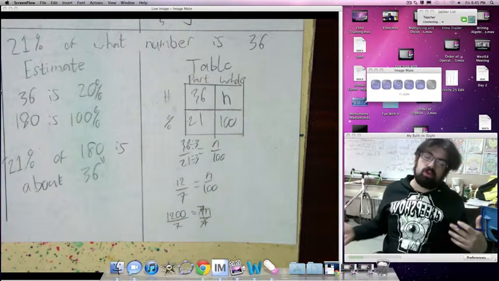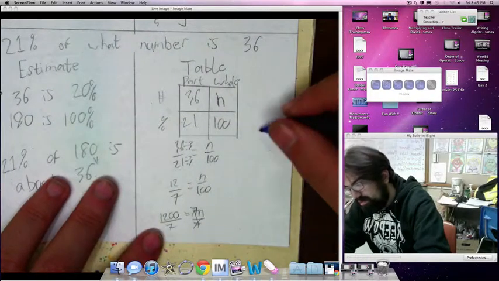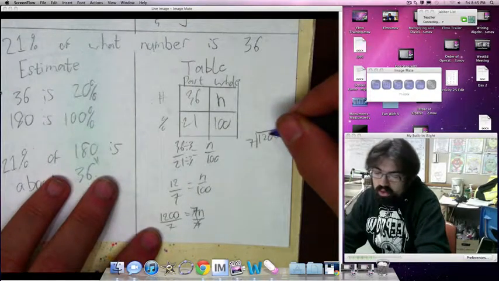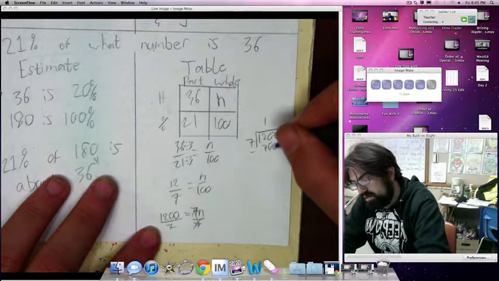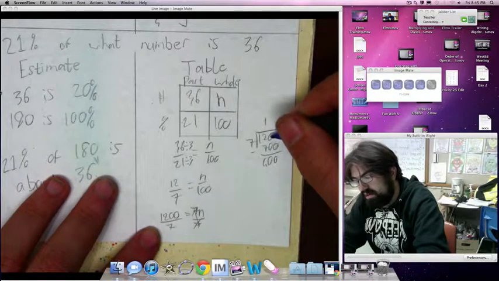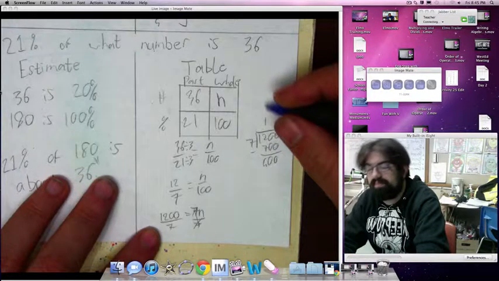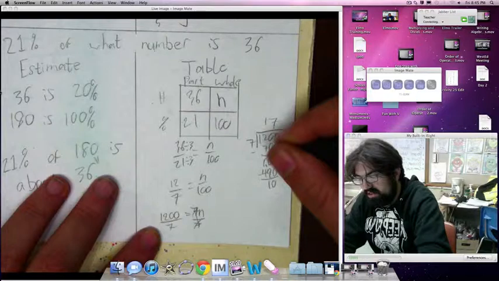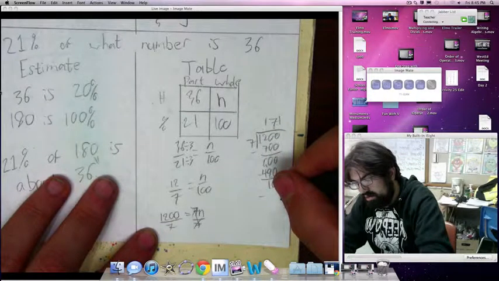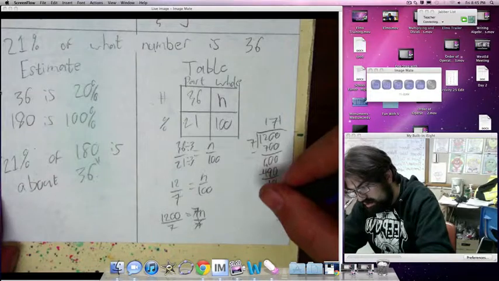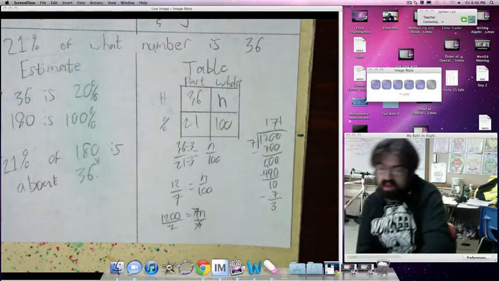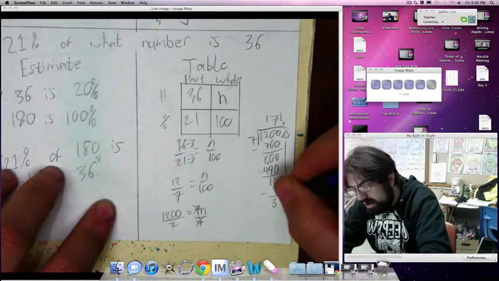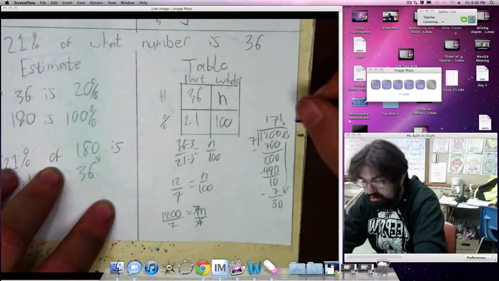By the way, totally cross product there. 7 goes into 12 one time. 500. 7 goes into 50. 10 comes down. 7 goes into 10 once. And then we'll stop right there. So I'm at 171. I can bring down a decimal if I wanted to, and I can get super extreme. 7 goes into 30 4 times.